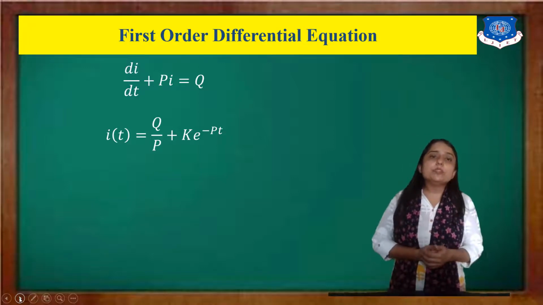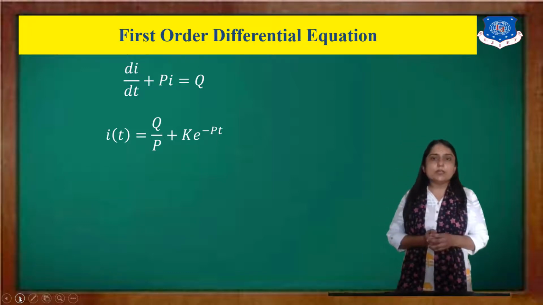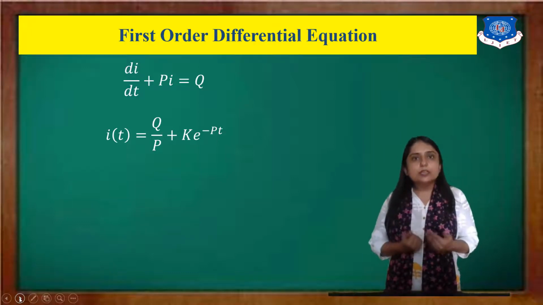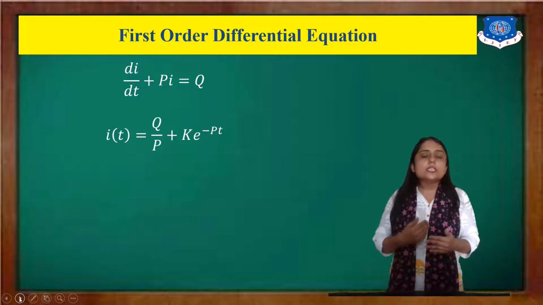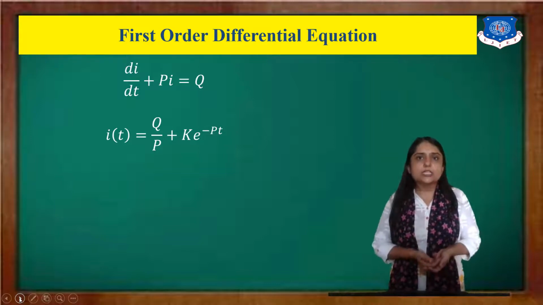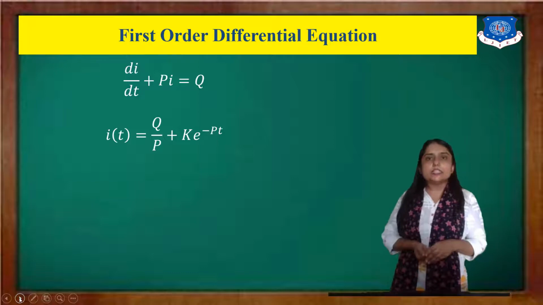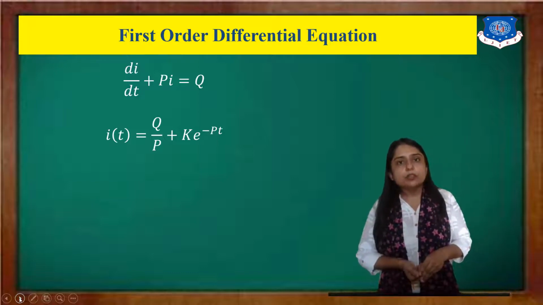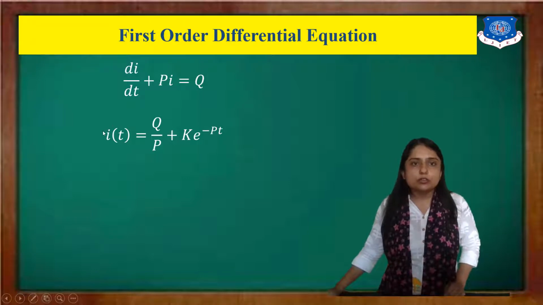Suppose instead of current you have a voltage, then our equation becomes dv by dt plus p into v equal to q. So instead of current, we get the solution for the voltage, v of t equal to q by p plus k e raised to minus pt. You just have to use this solution.